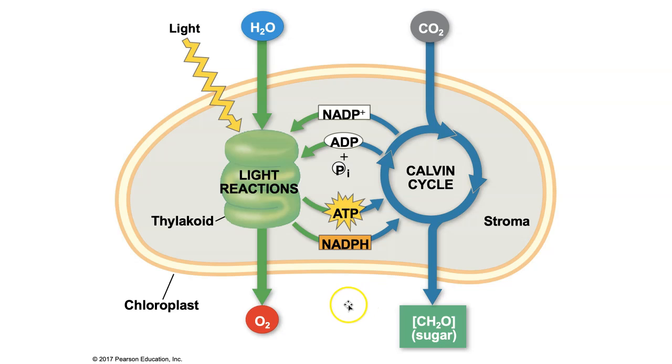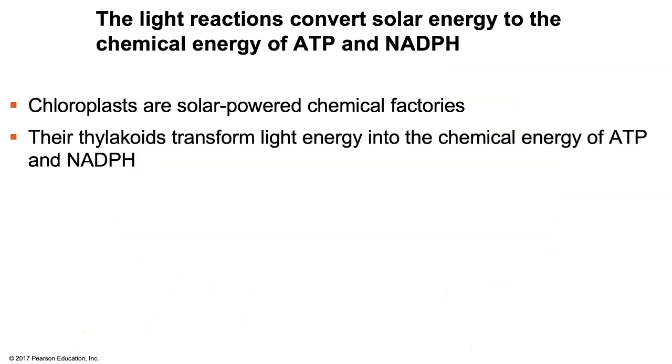We are going to go into the actual reactions of how this occurs now. But first, we have to go over the most important part of this, which is light. We're going to look a little bit into the nature of sunlight. So we know that the light reactions convert solar energy from the sun into chemical energy.